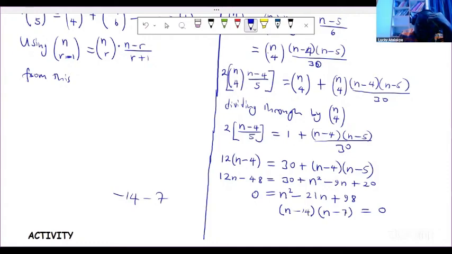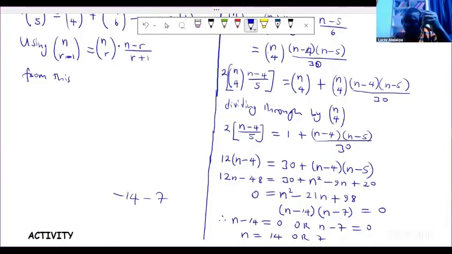Minus 14 and minus 7. So using the zero product rule, it means that n minus 14 is 0 or n minus 7 is 0. So n is either 14 or 7. So that's what we have to find, the value of n.